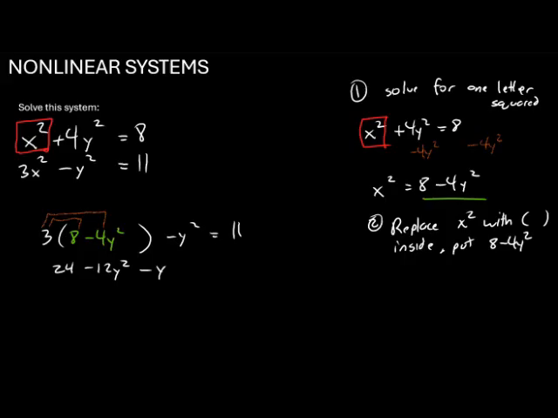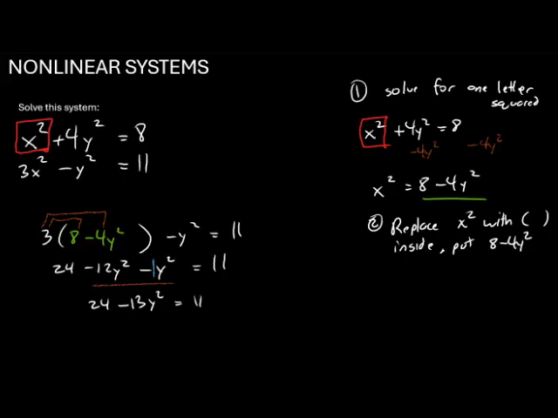We then have an additional minus y squared equals 11. When I combine my like terms, I can place the negative 12y squared minus another y squared. Remember your invisible 1. Negative 12 minus 1 will be negative 13y squared. We'll now have 24 minus 13y squared equals 11.